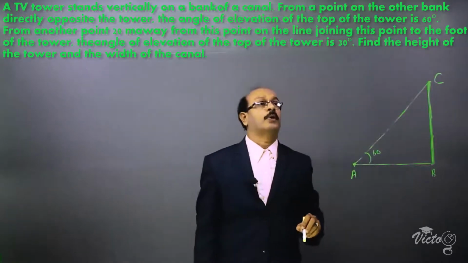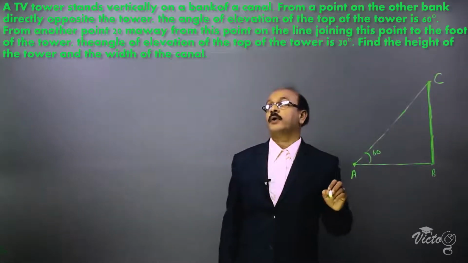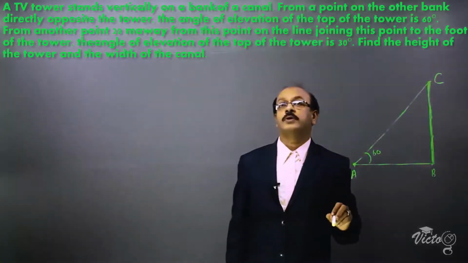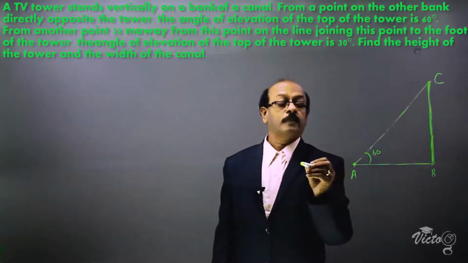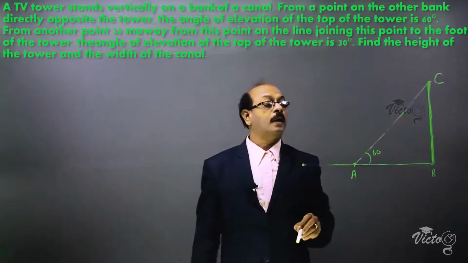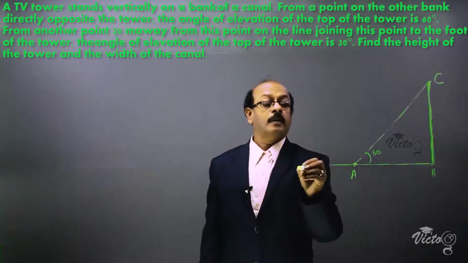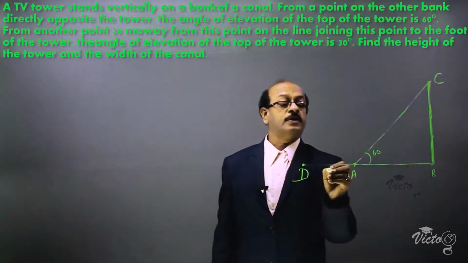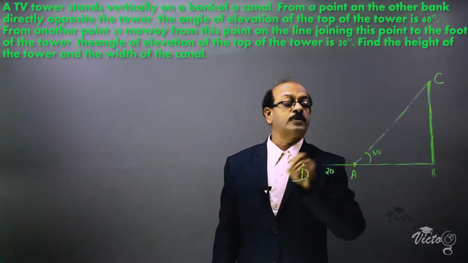From another point, which is 20 meters away from the first point on the line joining this point to the foot of the tower, we are taking another point D, which is 20 meters away from the first point.